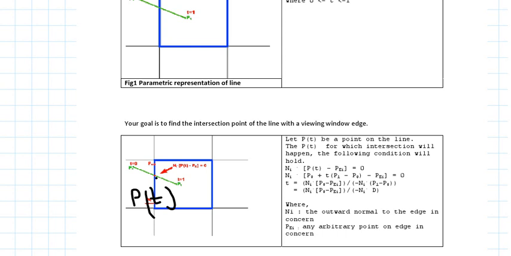So D equals P1 minus P0. Now think for a while. What will happen if the value of D equals 0? Just think for a while.